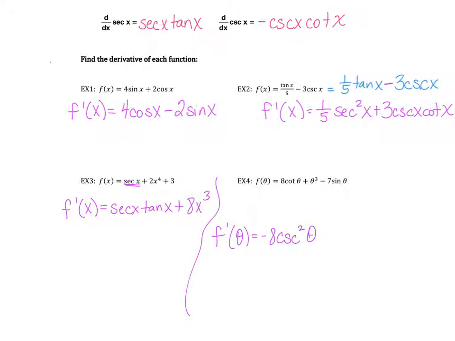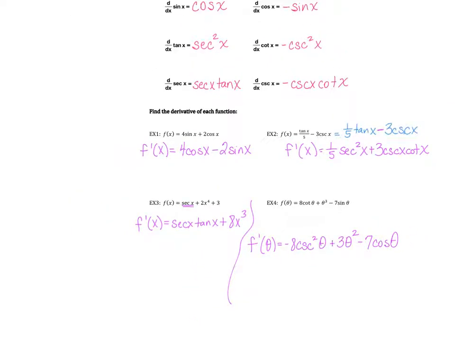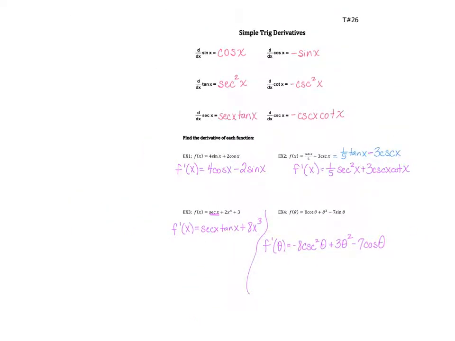That theta cubed, don't get confused by that, because you look at that just like you look at the x. So plus 3 theta squared, and the derivative of negative sine of theta would be negative cosine of theta. And there are your derivatives. So not too bad. Not too bad at all.